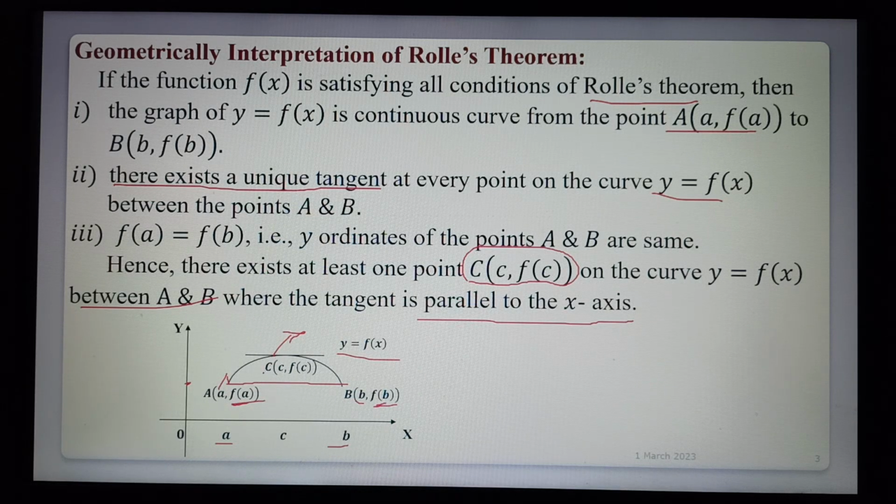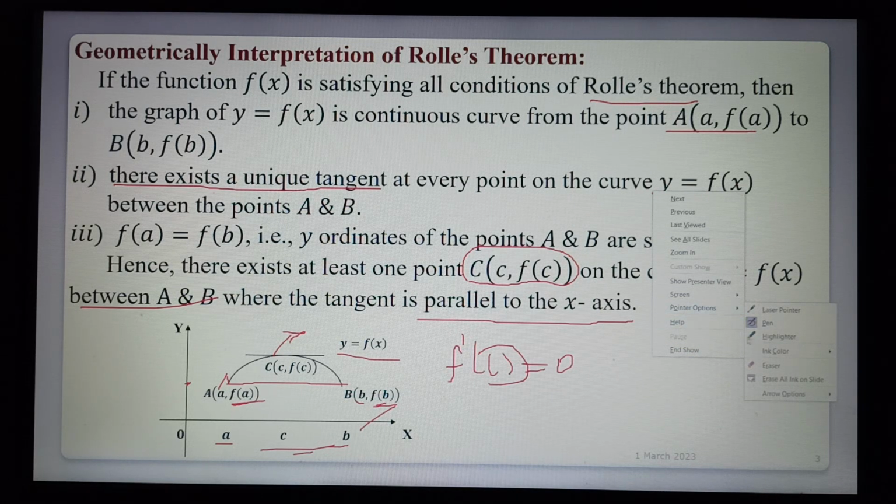The tangent at the point C has slope f'(C), which is parallel to the x-axis, whose slope is 0. They are both parallel, so f'(C) is equal to 0, where C is between A and B. This is the geometrical interpretation of Rolle's theorem. Is that clear?